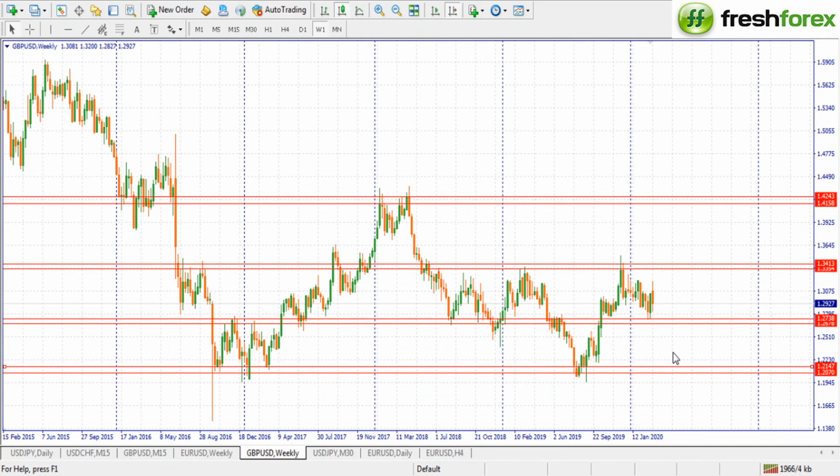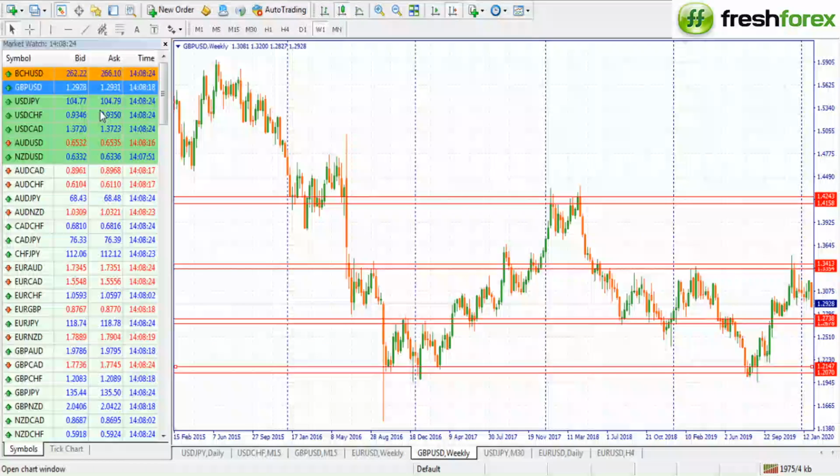So the same chart, we look at it from the daily point of view. GBPUSD.